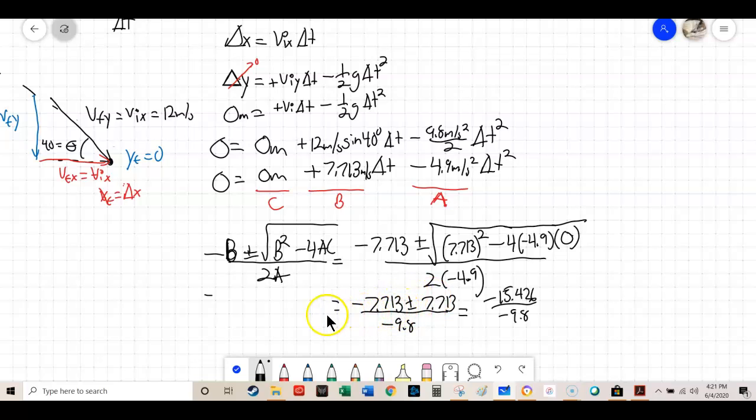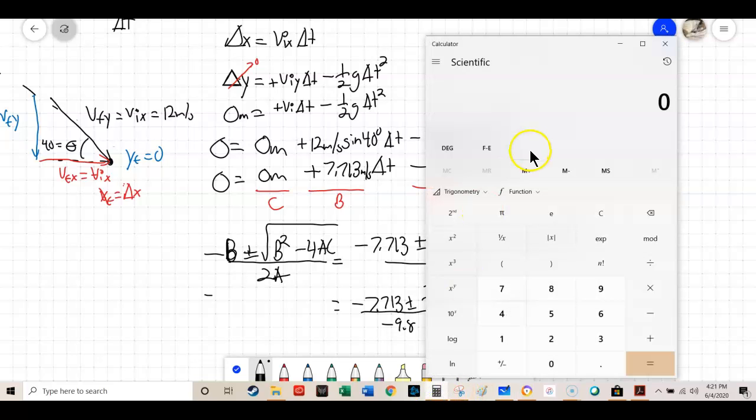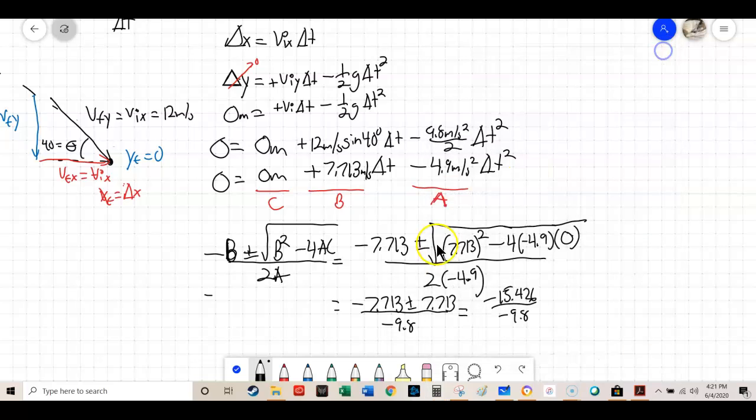So basically the solution has to be 15.426 divided by 9.8, which is 1.574.